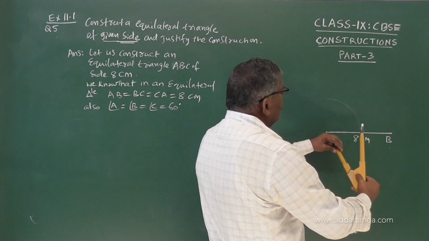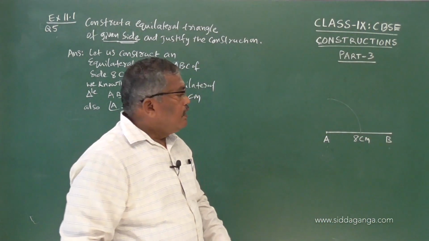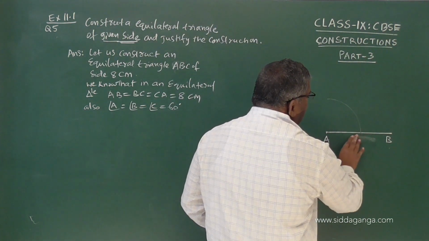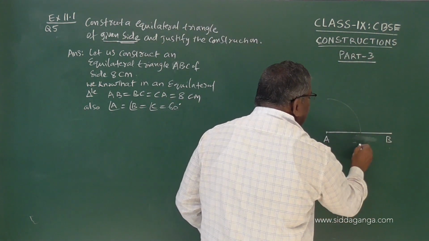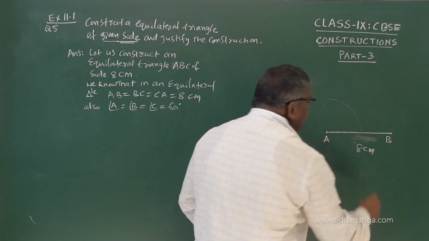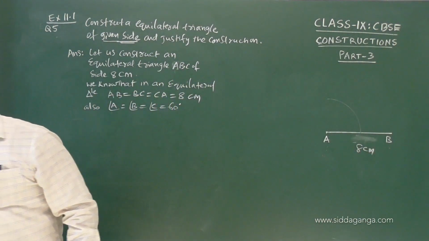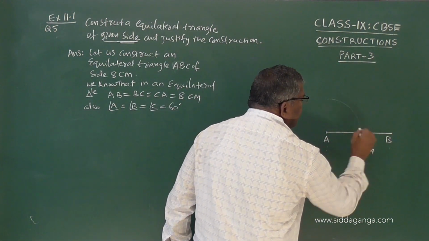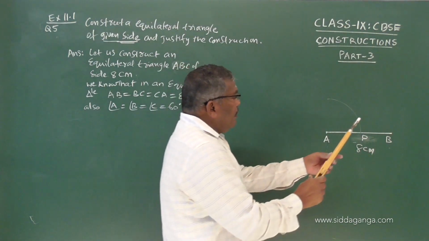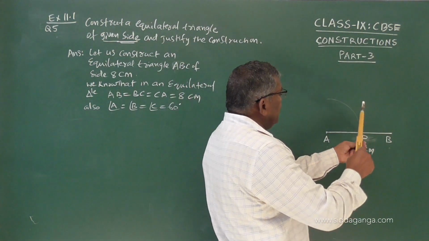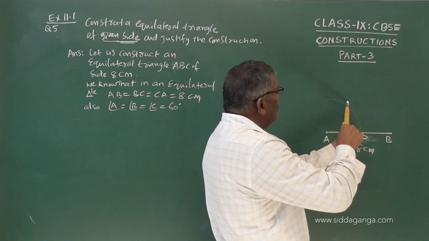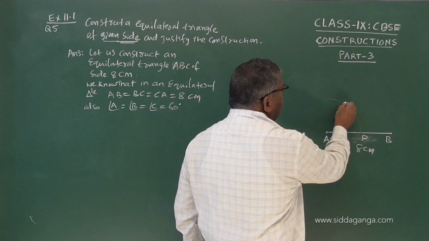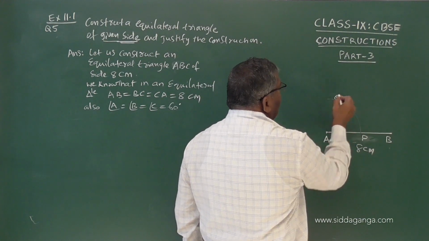We know how to construct a 60 degree angle. So this arc is intersecting AB at say point P. Now with P as center, you cut this arc with the same radius. So you will get point Q.